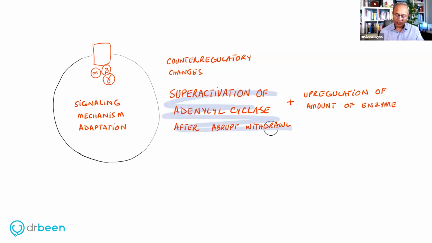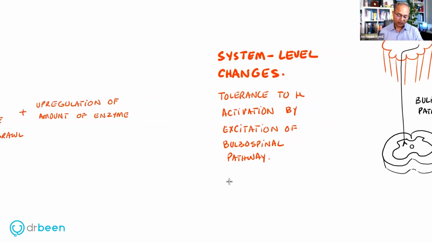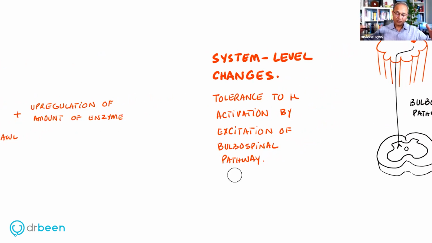I have already discussed this: superactivation of adenylyl cyclase after abrupt withdrawal. We have too much adenylyl cyclase present now, and with abrupt withdrawal it becomes active, causing upregulation of that enzyme. The enzyme amount was already there, but now all of it is free to work, and that causes a bounce back, and we saw the symptoms before.